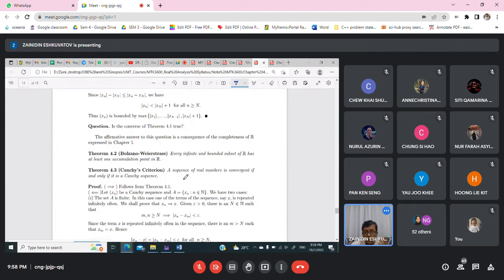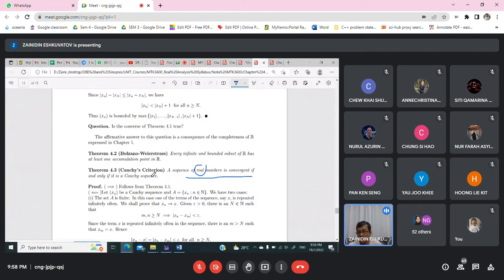Look, this is one of the important theorems. A sequence of real numbers, please pay attention, of real numbers, is convergent if and only if it is a Cauchy sequence. If a sequence is a Cauchy sequence in the real number set, then it is convergent. If a sequence is convergent, then it is a Cauchy sequence.